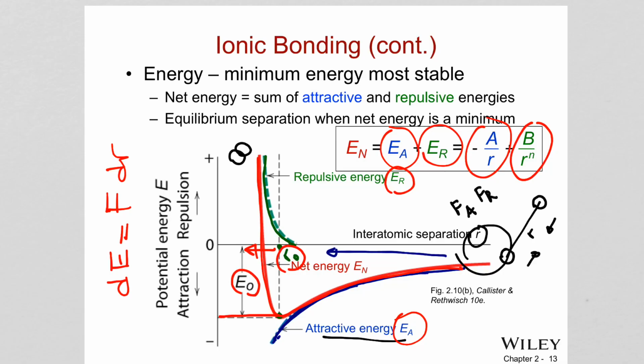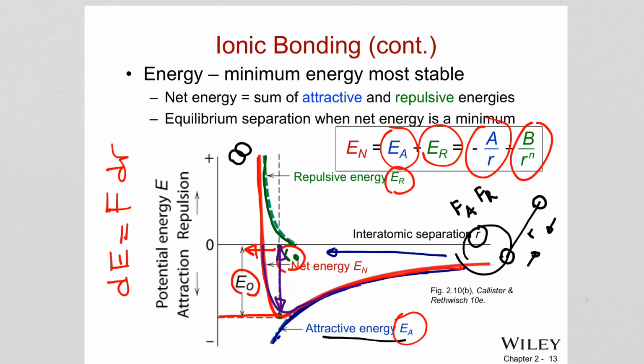There are many things we can learn from such an energy diagram. We learn that the binding energy of an atom is represented by the depth of this potential well. This part is the potential well, and at the equilibrium separation distance, at this point, the depth of it gives us the bond energy.